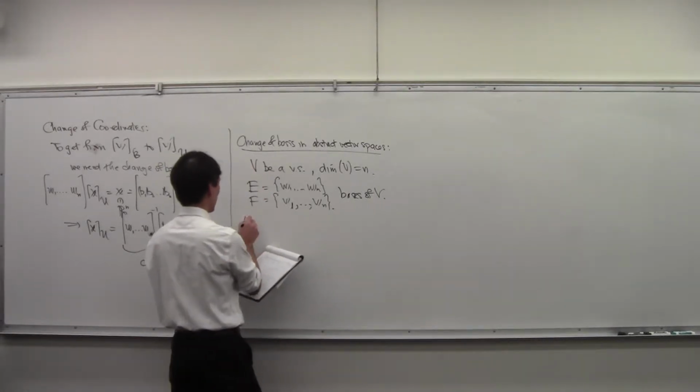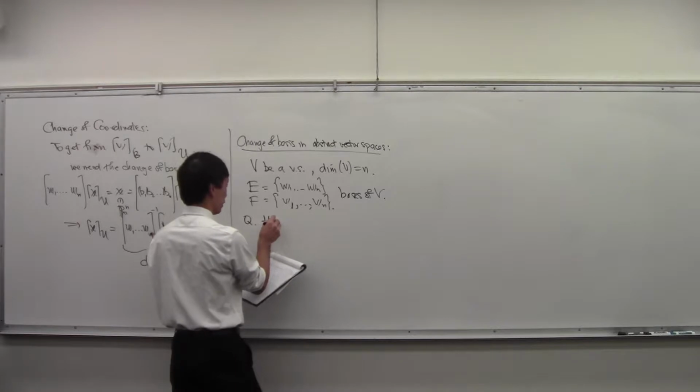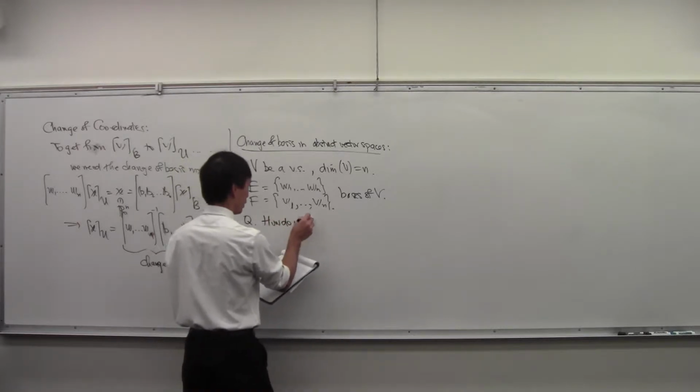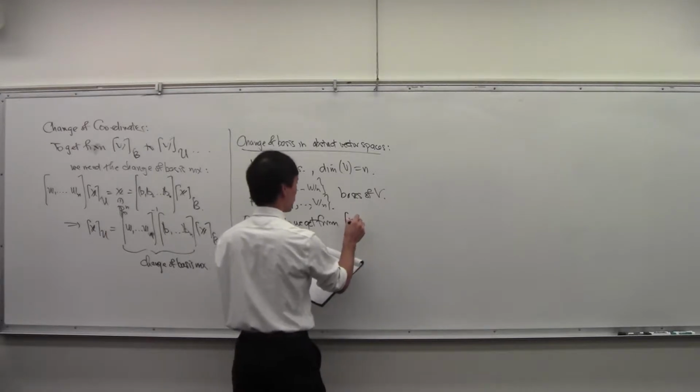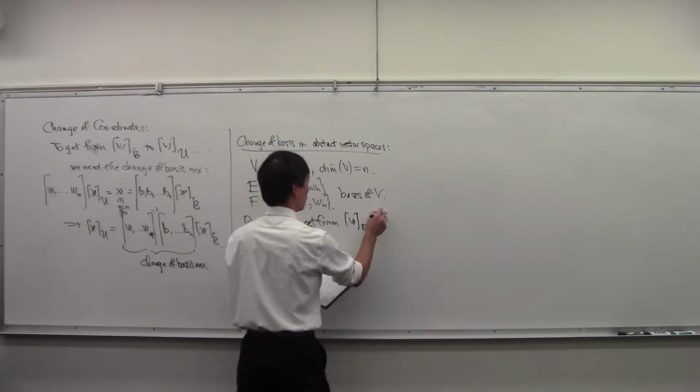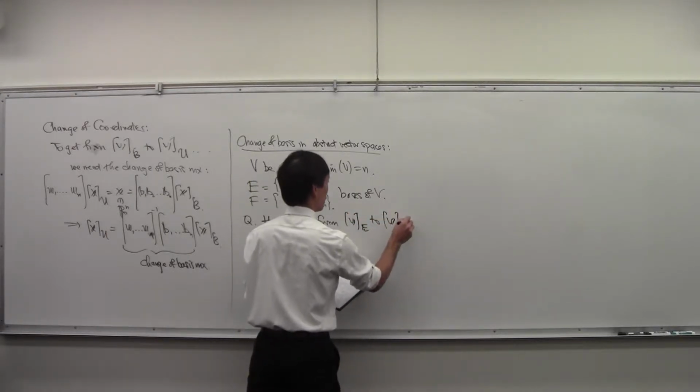So our question is, again, how do we get from the coordinate vector with respect to one basis to the coordinate vector with respect to the other?